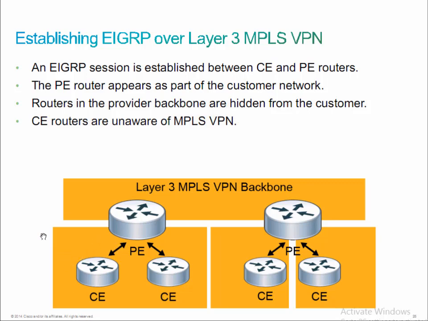Just something to consider because, and here's the biggest consideration, if I'm redistributing routes in and out of another protocol, the administrative distance of those routes is going to change. They become DEX routes instead of D routes, which may or may not be a big deal. It just depends on how routes are being established, right? So that's a very important concept to understand, whether or not they're going to be DEX routes or D routes and so on. You have to be aware of that, all right?